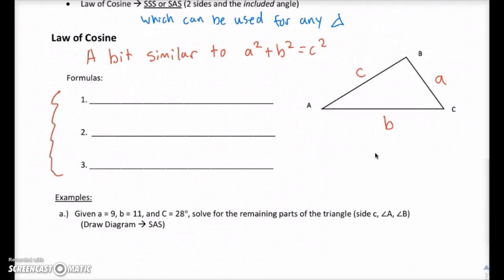Our first one is a squared equals b squared plus c squared minus 2bc times cosine of angle A. So that's our first formula.